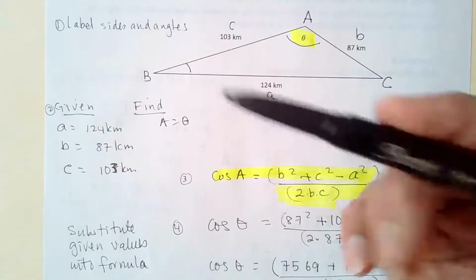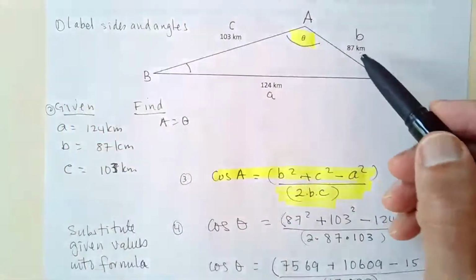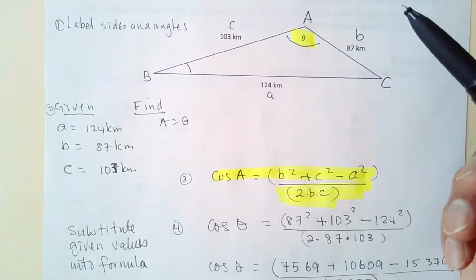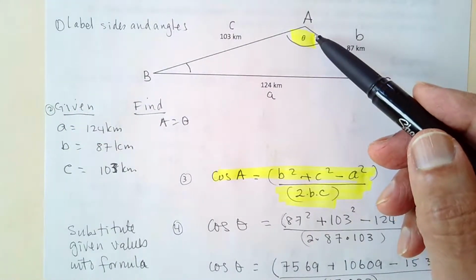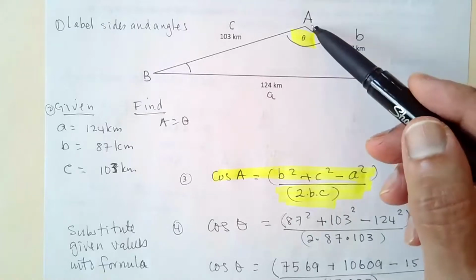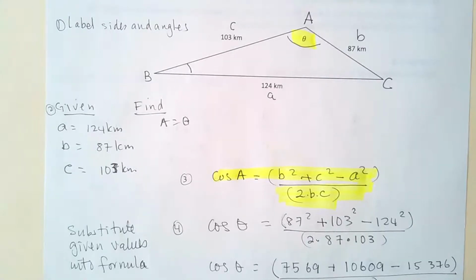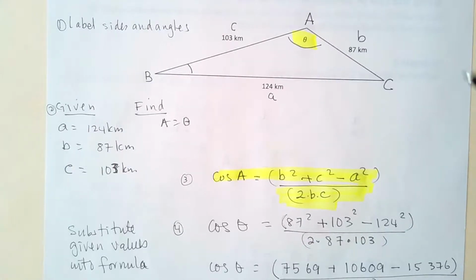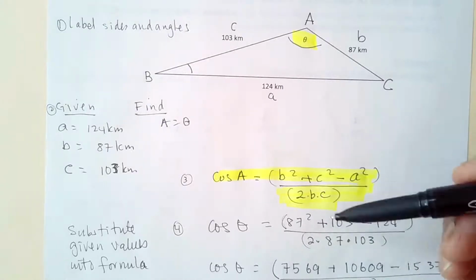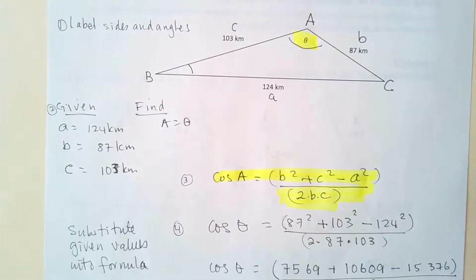The first step, we label the sides and angles, and always label the angle you are asked to find as angle A. It makes your calculation simpler. It doesn't mean you can't use C or B, but if you do, then you have to change the form of your cosine formula.